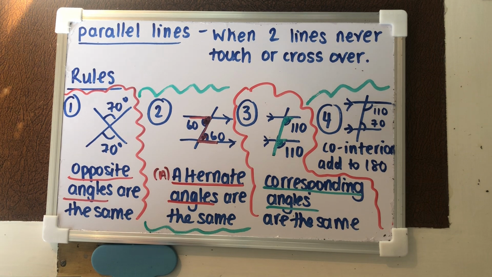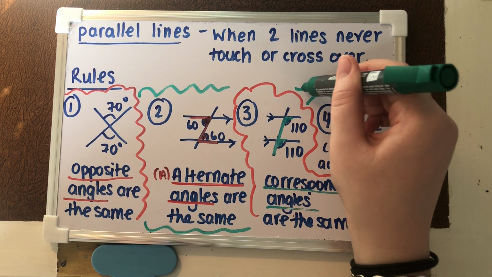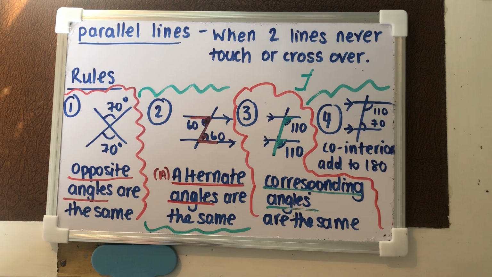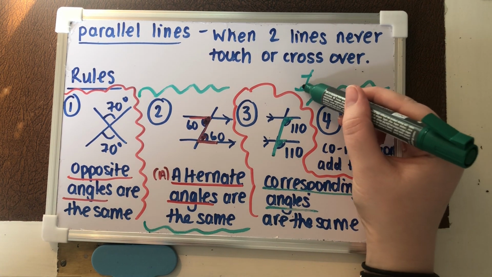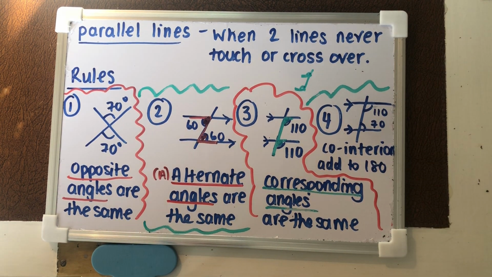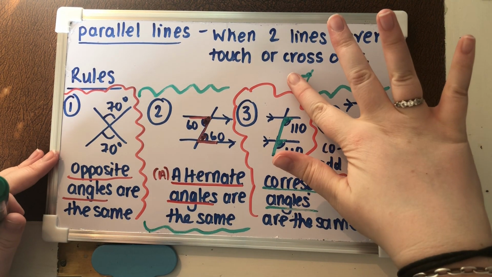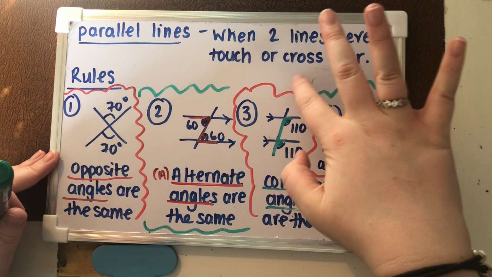The only confusing bit is that some of the F shapes are not necessarily in the shape of an F. They might be like an upside down F, so some of them might be like this instead, and it's those two angles that are the same. So just be careful with those ones. The F won't always be upright. I've only done it upright so it makes more sense for your examples in your books.